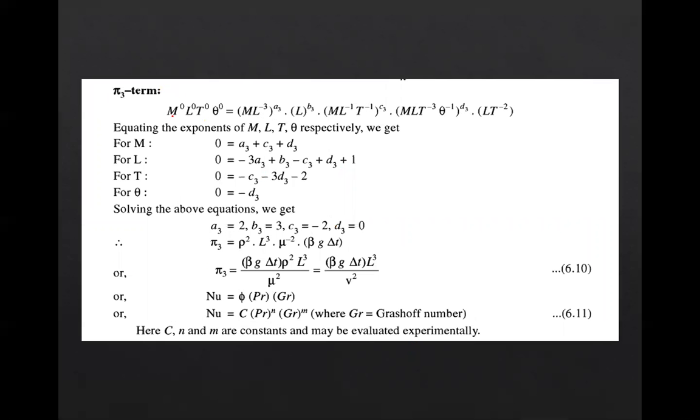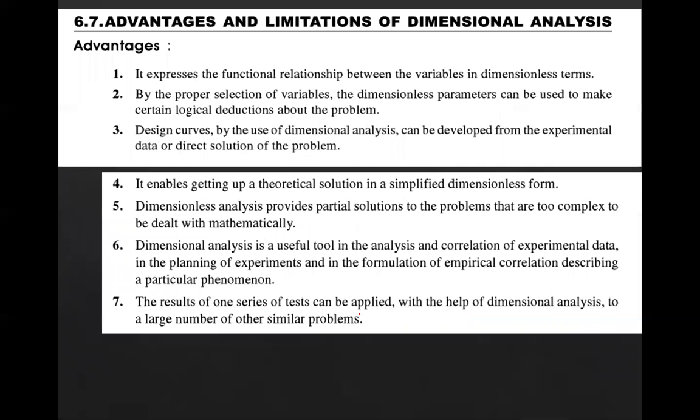Similarly, pi 3 is rho square and mu raised to power minus 2 into beta into g into delta T, so pi 3 is beta g delta T L cube rho square upon mu square. This indicates that the Nusselt number is a function of the Prandtl number and the Grashof number, and C, n, and m can be found experimentally.